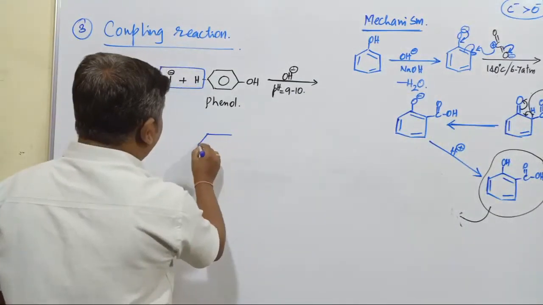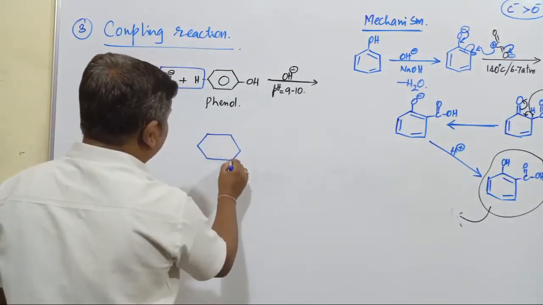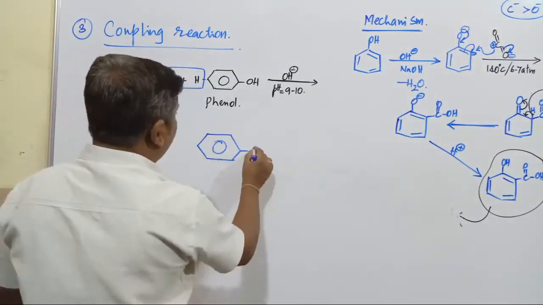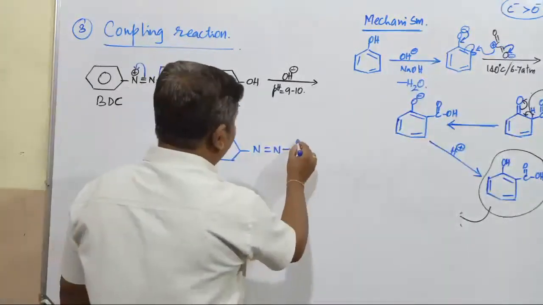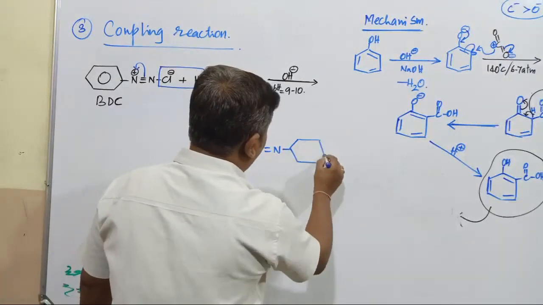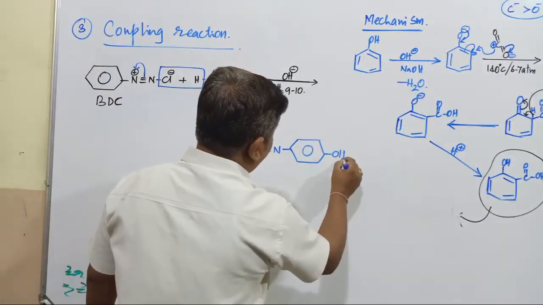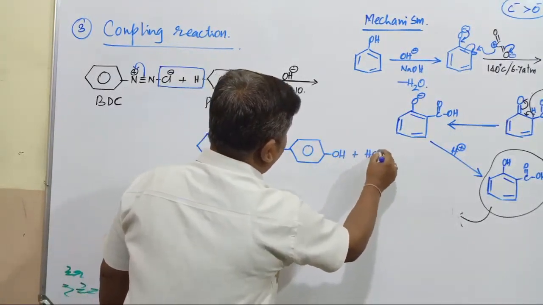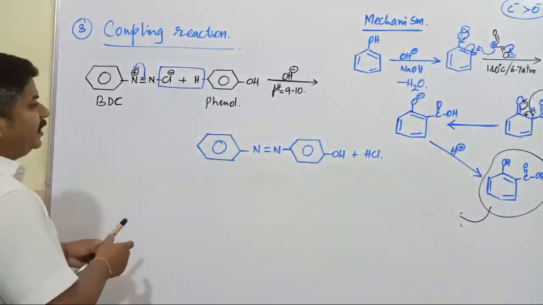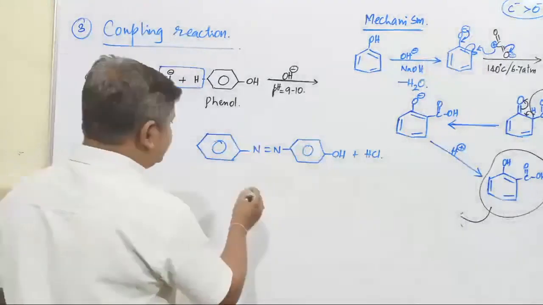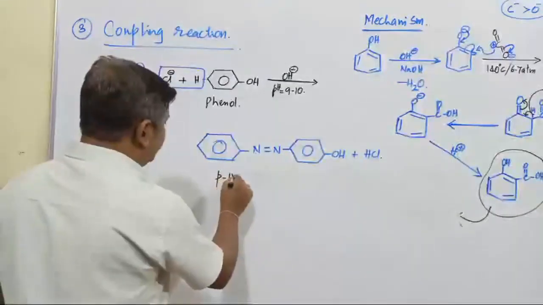Now the compound obtained here is the molecule N double bond N, and next one is with the phenolic group, that is OH, plus HCl. So this is the product obtained in this coupling reaction, and this molecule is called as para-hydroxy.